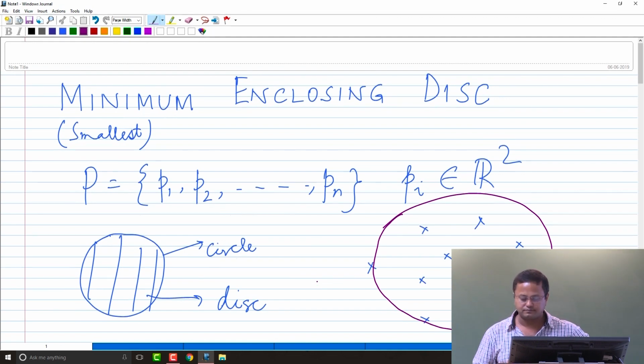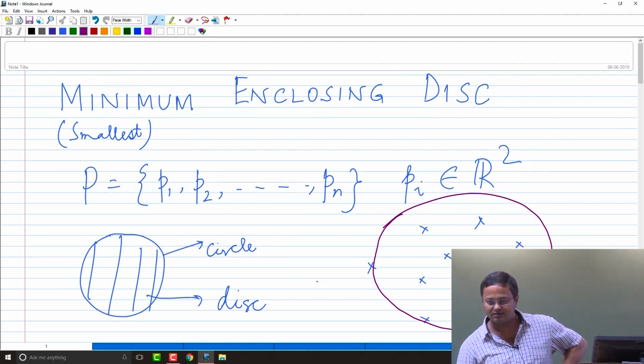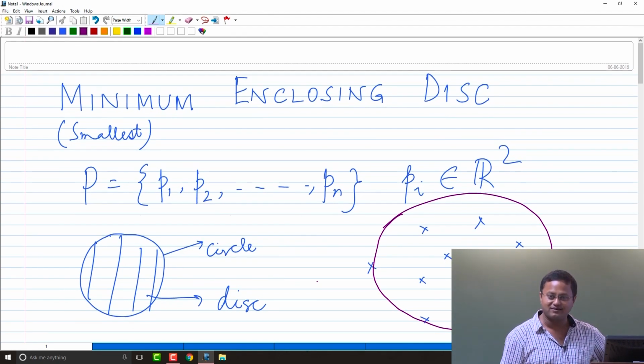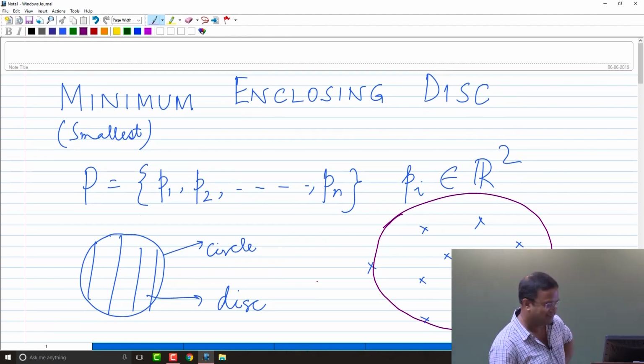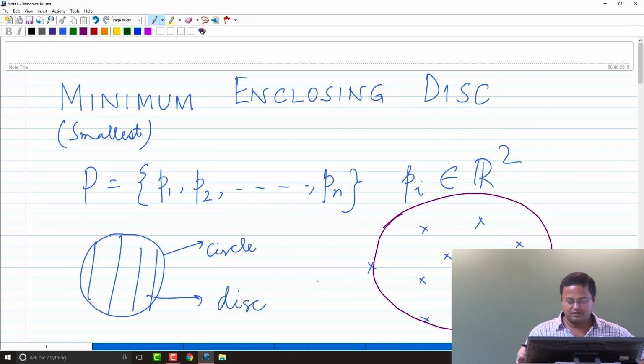Fine. That means the disk with the smallest radius that encloses this set of points. Is this the smallest disk? Yes? No? Maybe, let us see. Fine.